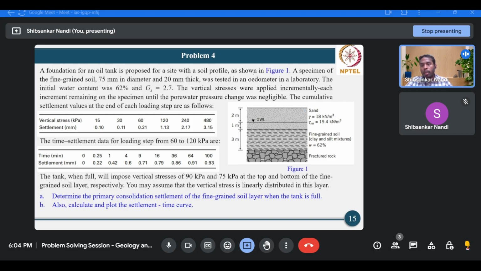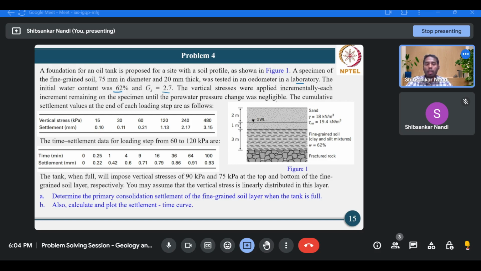Now a specimen of the fine grained soil 75 mm in diameter and 20 mm thick was tested in an odometer in a laboratory. The initial water content was 62%. Specific gravity of soil solids is 2.7. The vertical stresses were applied incrementally, each increment remaining on the specimen until the pore water pressure change was negligible.